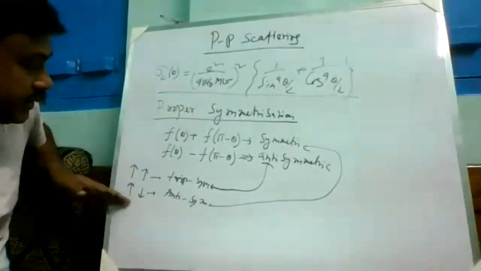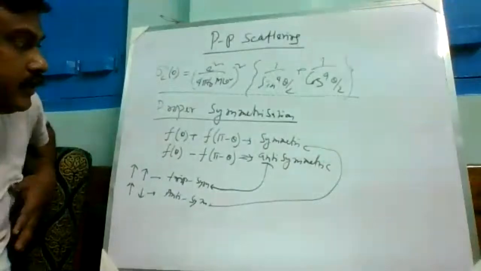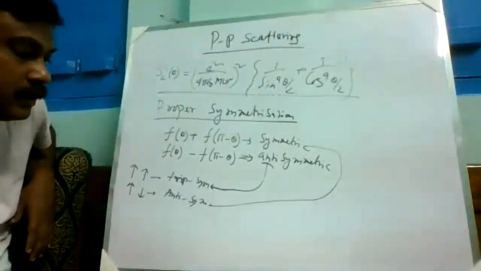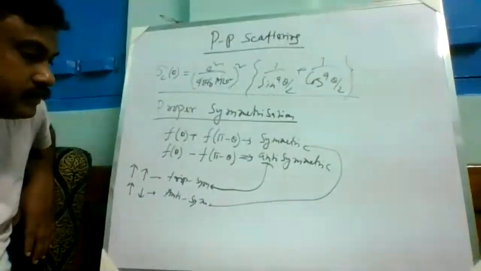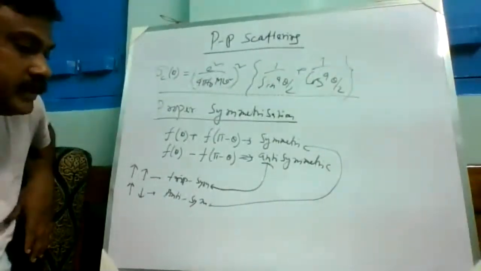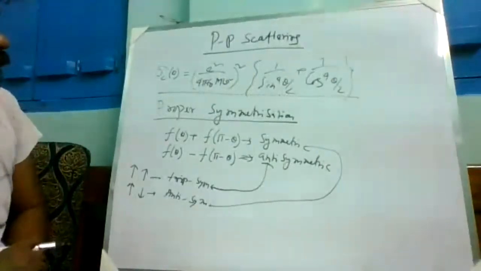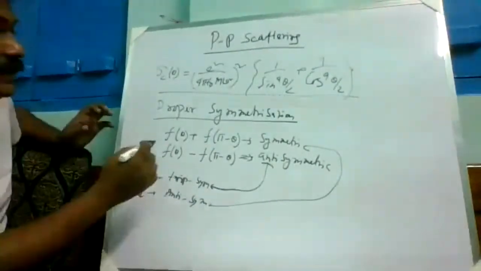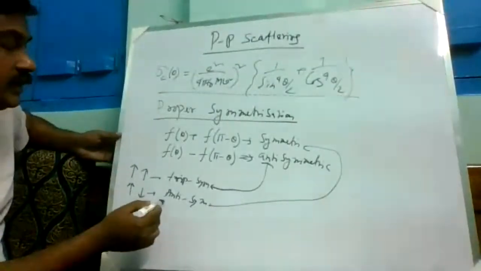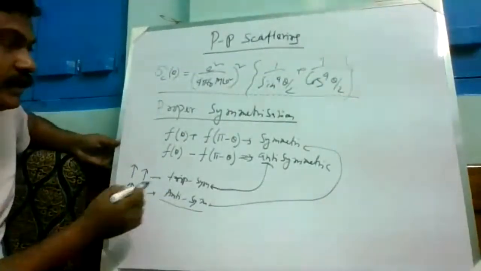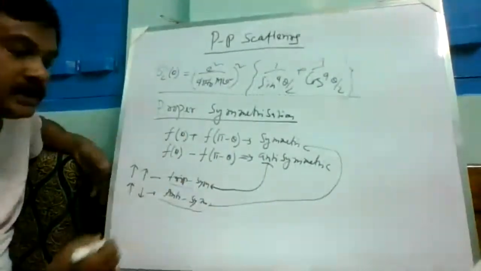But here, if you change the particle, the sign will change. So whenever we are considering scattering cross section, for the symmetric spatial state we have to couple the anti-symmetric singlet state, and for the anti-symmetric spatial state we have to couple the symmetric triplet state.